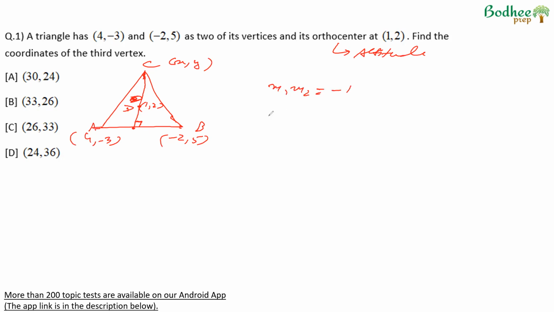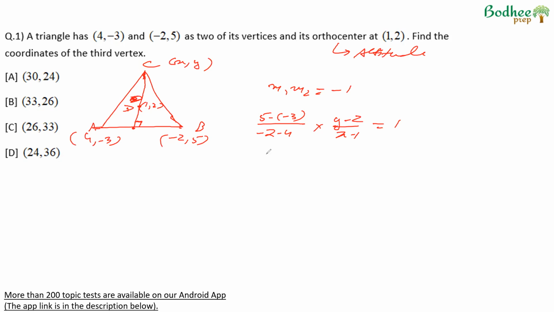What is the slope of AB? 5 minus minus 3, y2 minus y1 upon x2 minus x1. What is the slope of CD? y minus 2 upon x minus 1, y2 minus y1 upon x2 minus x1. The product of slopes has to be -1.